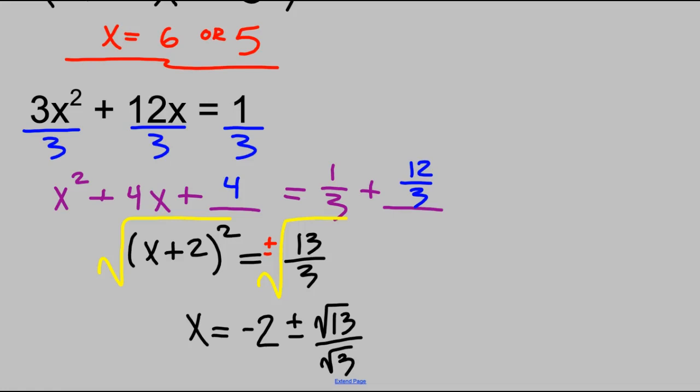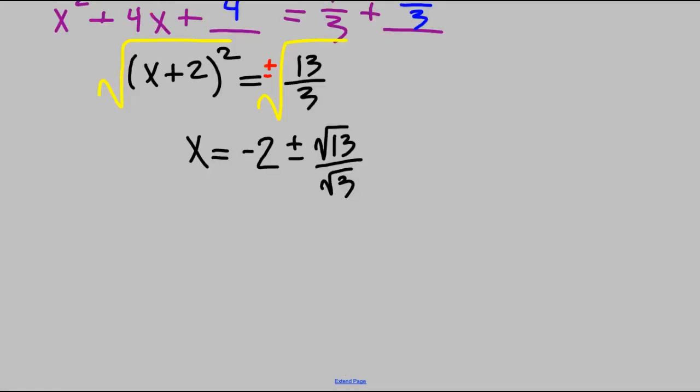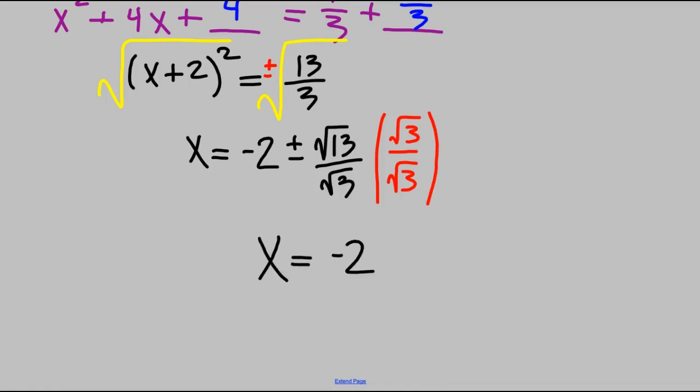Right? You can break them apart. And you may remember from the beginning of the year that you can't have a radical in the denominator. So now we have to rationalize this denominator and get rid of that root 3 in the bottom. So our final answer, all nice and perfect, is negative 2 plus or minus the square root of 39 over 3.